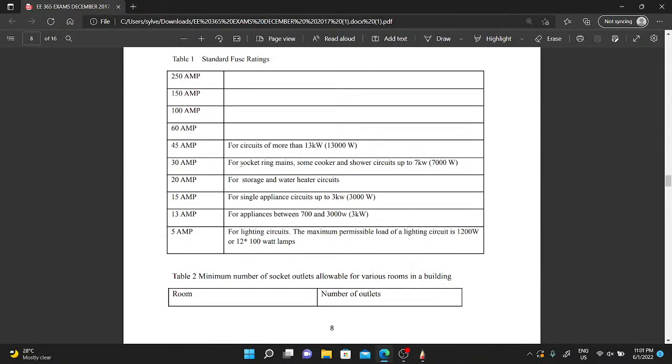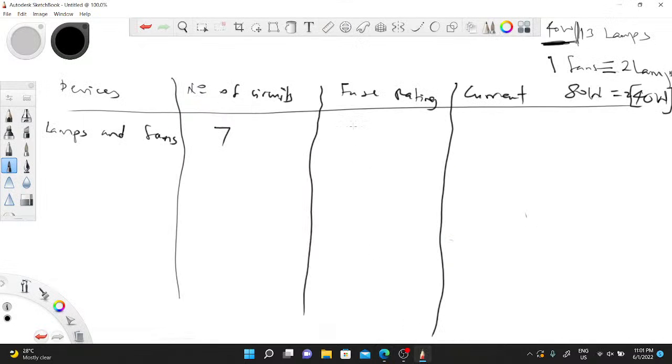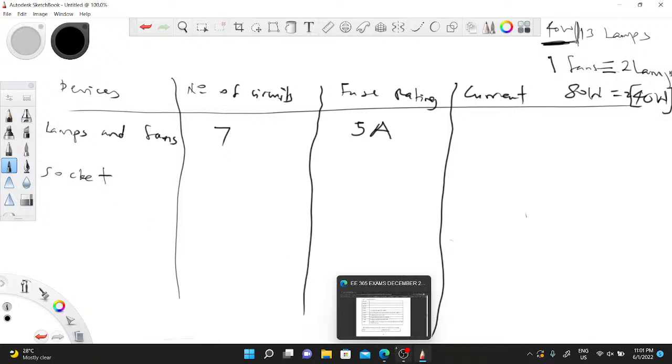The standard fuse rating for lighting circuits, lamps and fans, is 5 amps. Now for the socket outlets, please refer to your drawing.